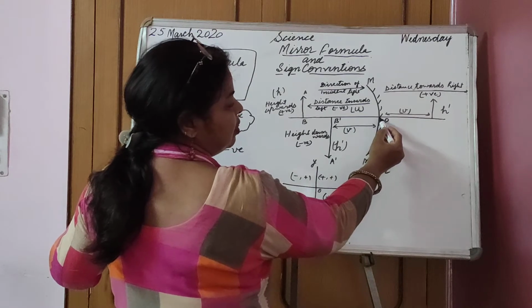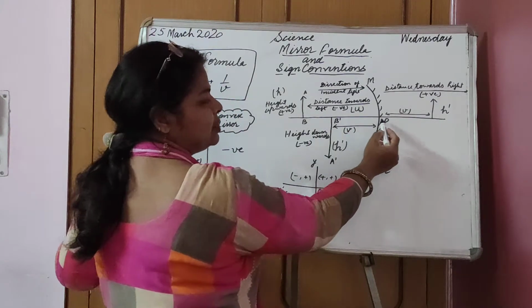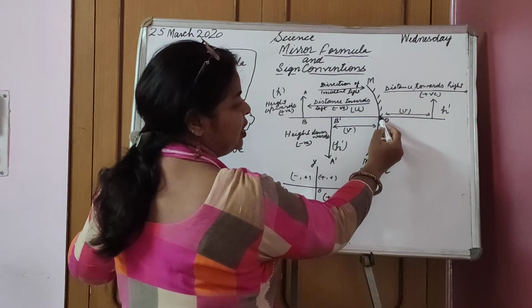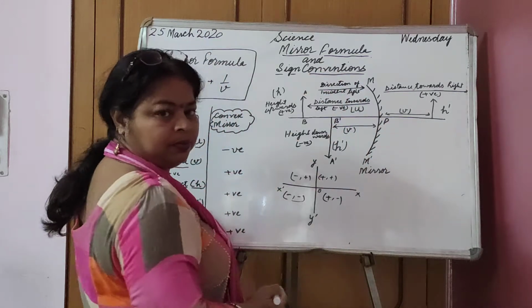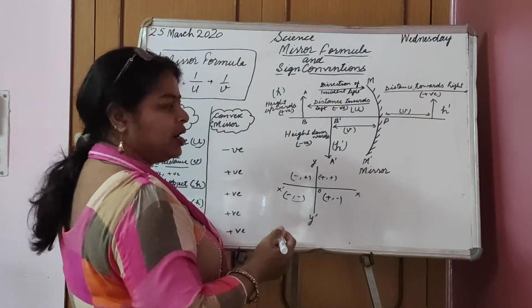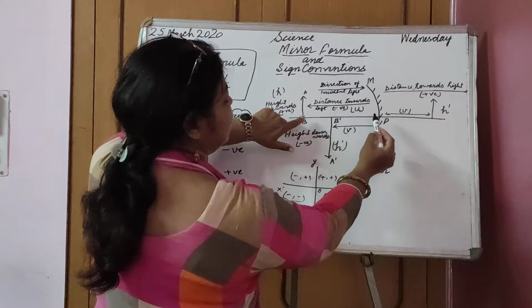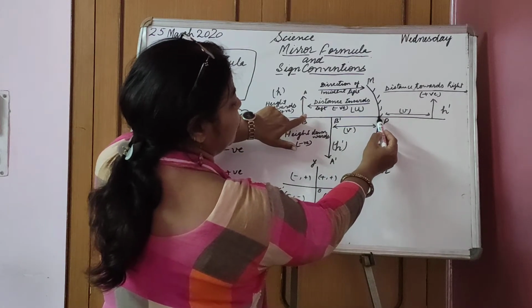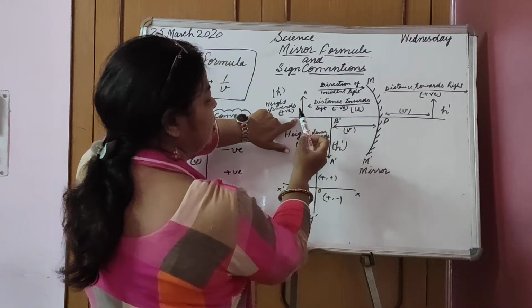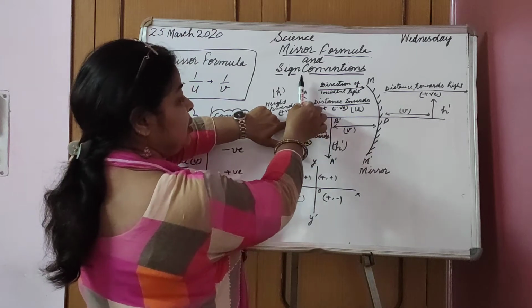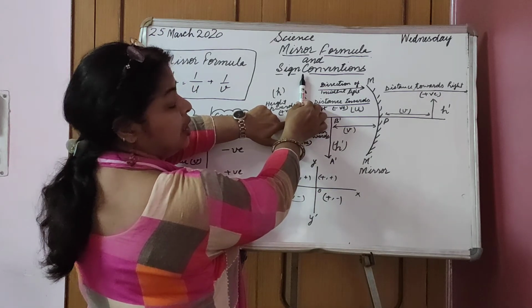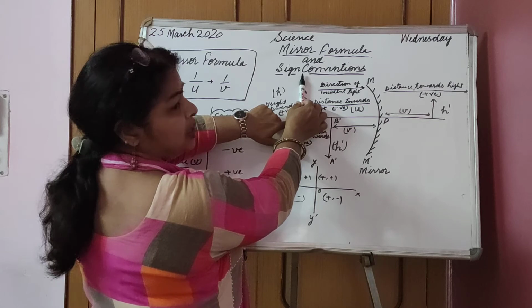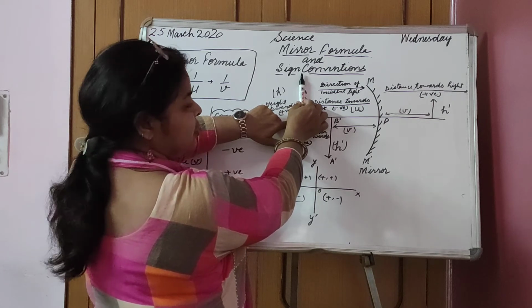The point from where this principal axis crosses the mirror is called the pole, as we have discussed in earlier classes. Now, the distance of the object from the pole of the mirror, as you know, the object is always kept on the left hand side of the mirror, that is in front of the polished surface.